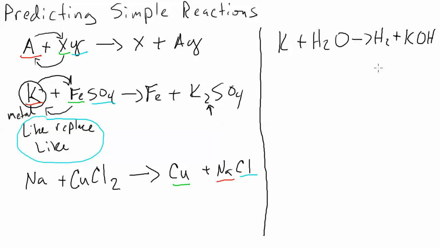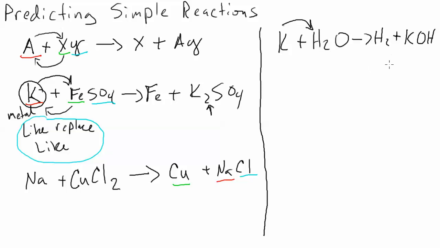So that one's a little bit more confusing, but that's exactly what happens. The potassium kicks out a hydrogen and sticks to the hydroxide that's left. And this isn't balanced, and that's okay, but that's why it might be confusing. Well, if it kicks out only one hydrogen, why is it H2 there?